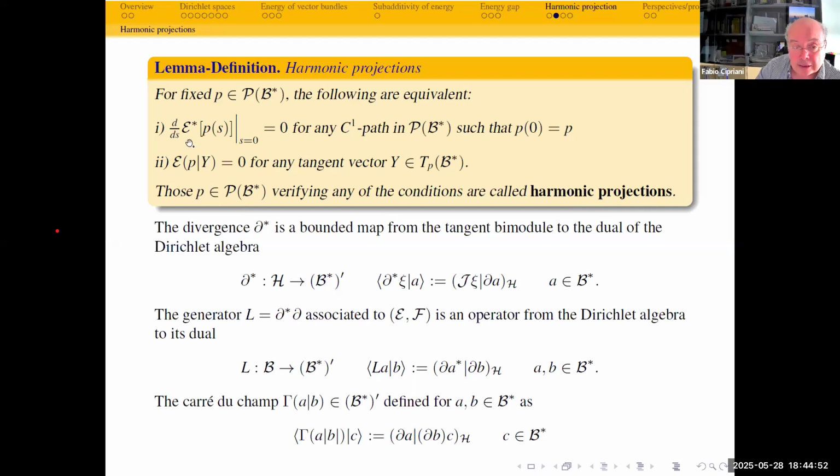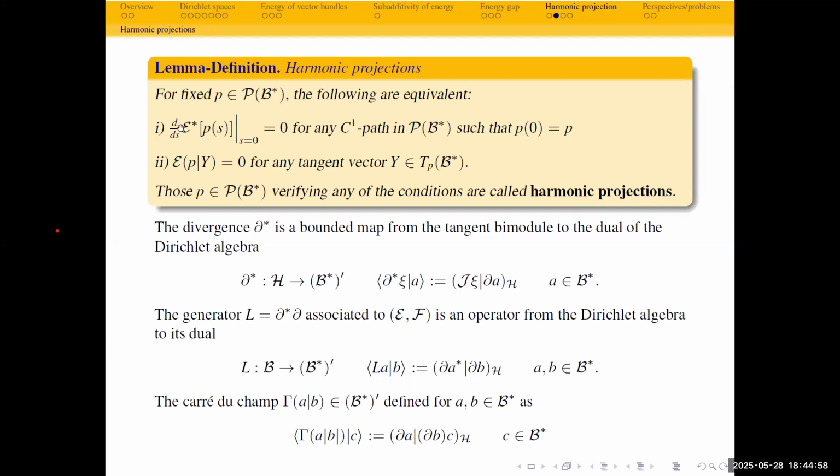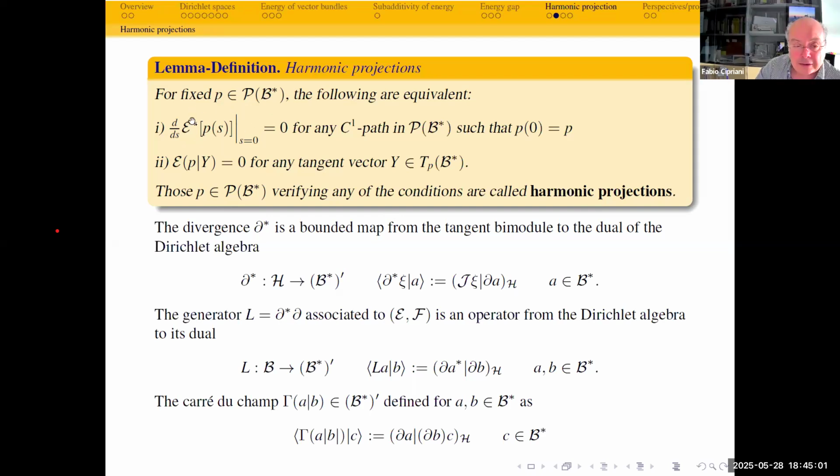The critical points of the energy defined on the projections, those which annihilate this derivative, are called harmonic projections and can be identified as those verifying this property in terms of the sesquilinear form associated to the quadratic form E star.